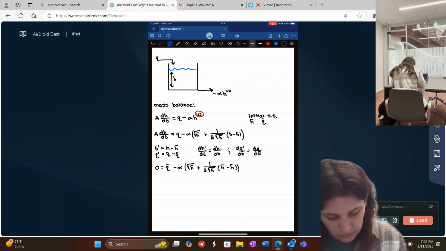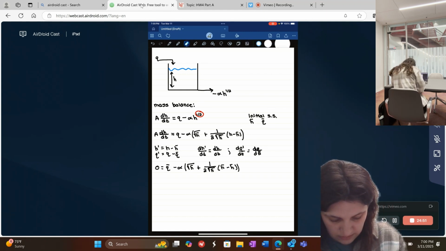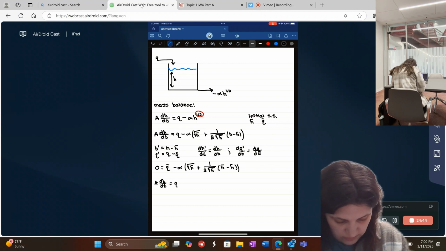Next, we are going to subtract our steady state equation from our linearized equation.